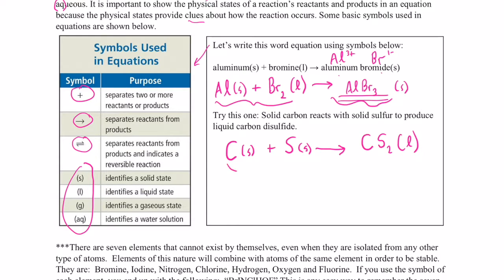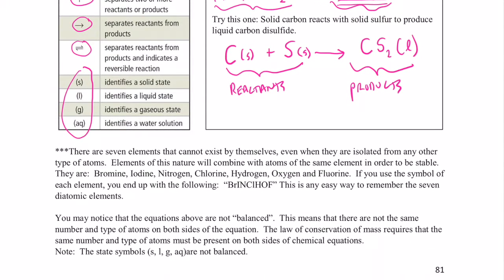Great. So once again, the things on the left of the arrow are called reactants. And the things to the right of the arrow are the things that we form, and we call those the products. All right, as I mentioned a moment ago, there are 7 elements that cannot exist by themselves, even when they're isolated from any other type of atoms.